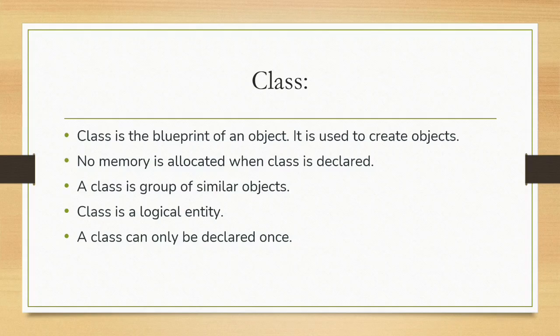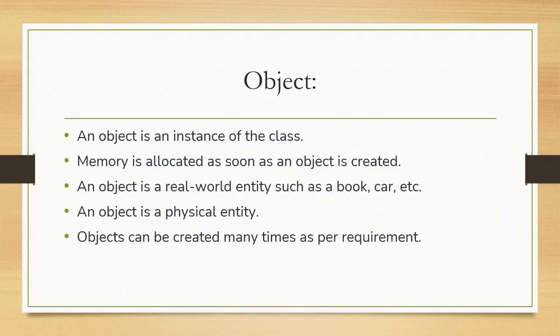Now, what is an object? An object is an instance of the class. Memory is allocated as soon as an object is created. An object is an instance of a class that executes the class. Once the object is created, it takes up space like any other variable in memory.